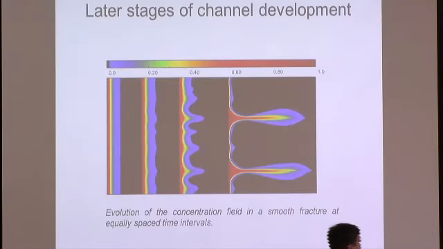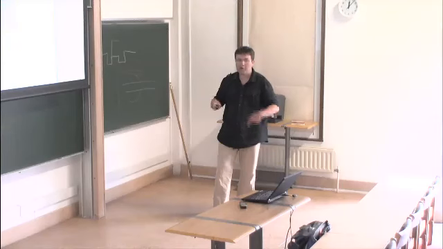And then when you wait longer, this competition, or this instability mechanism, takes place again, but now between these perturbations themselves. If one of them is a bit longer or a bit larger than the other one, then the flow is faster here, and the faster flow means a deeper, larger penetration depth, so this one would grow faster and would concentrate more flow and so on.